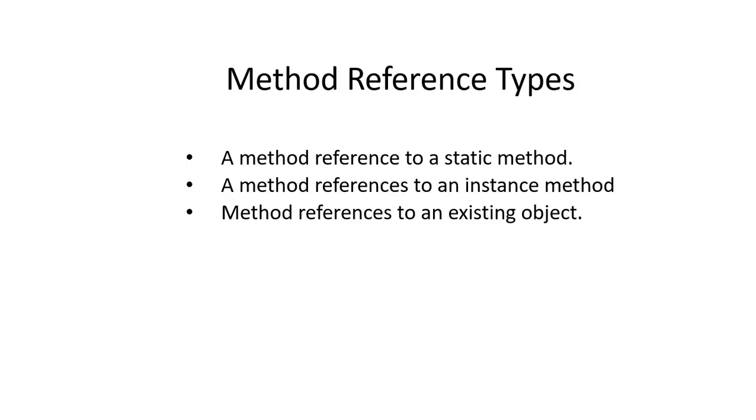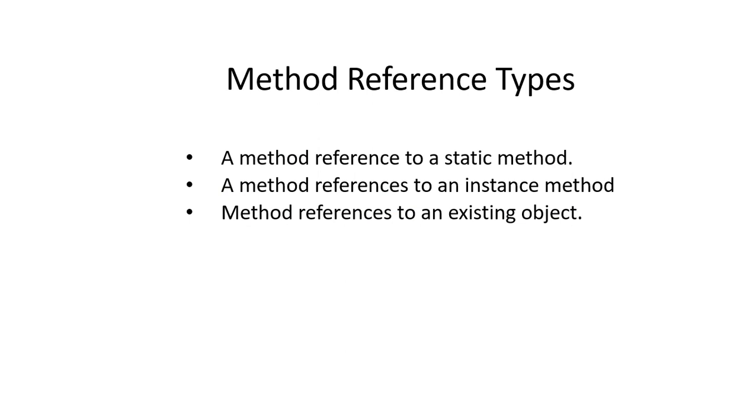Now let's see how many types of method reference there are. Normally, method references are of three types. The first type is a method reference to a static method. Another is a method reference to an instance method. And another is when you are calling an existing method of any given class, like the String class, which has the compareTo method and the substring method.